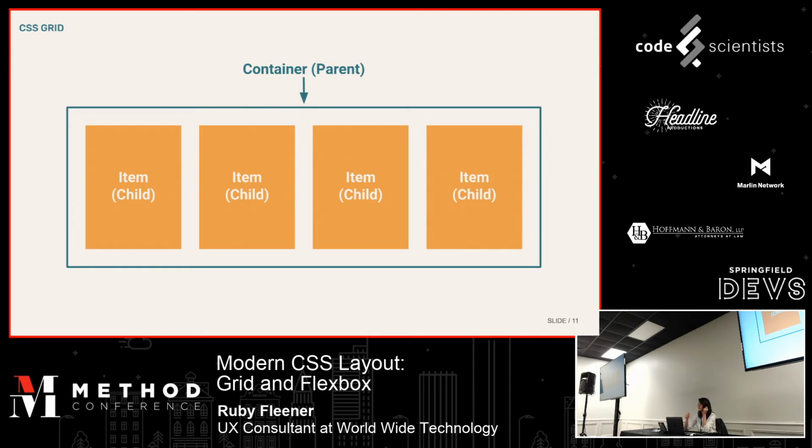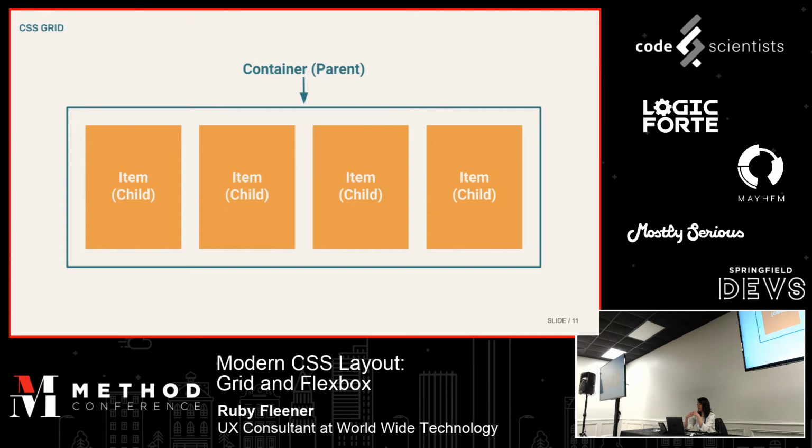This tool helps bridge those gaps and is going to help us create really complex, really cool layouts super quickly, and probably with a lot less code, which is nice.